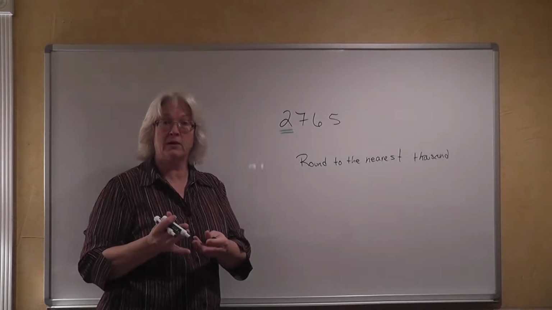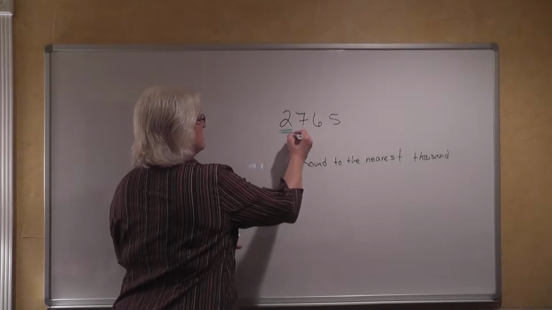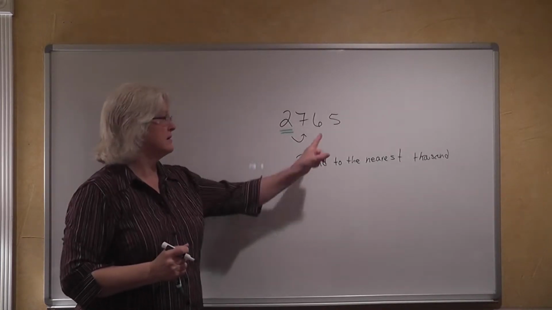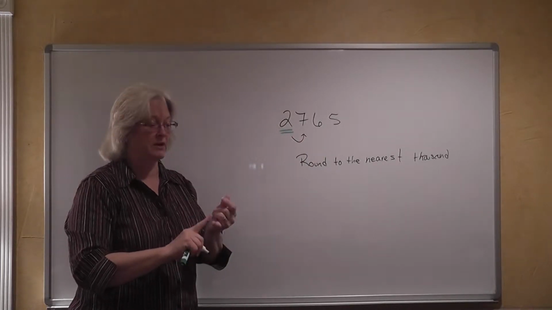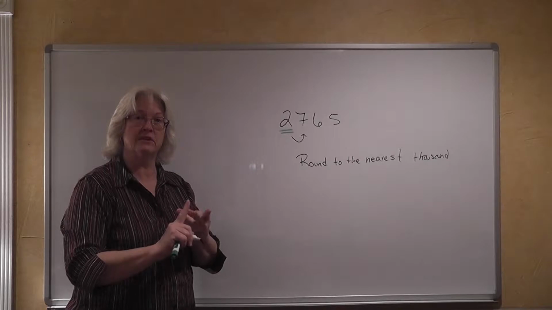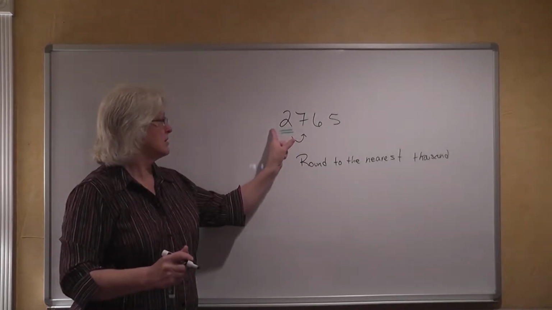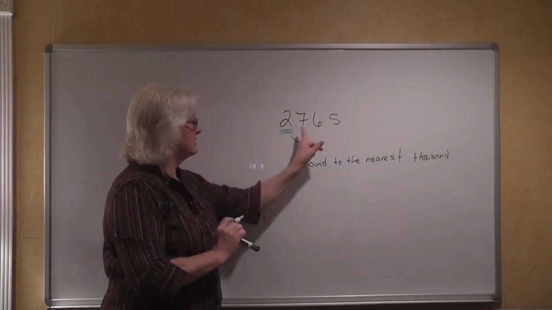What do you do to figure out how to round it? You're going to look at the digit immediately to the right of it. If this digit is 5 or above, 5, 6, 7, 8, 9, the digit that's being rounded is going to increase by 1.